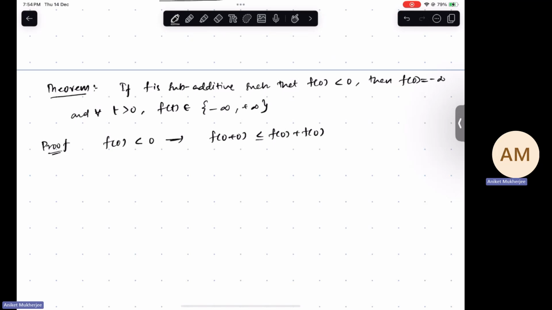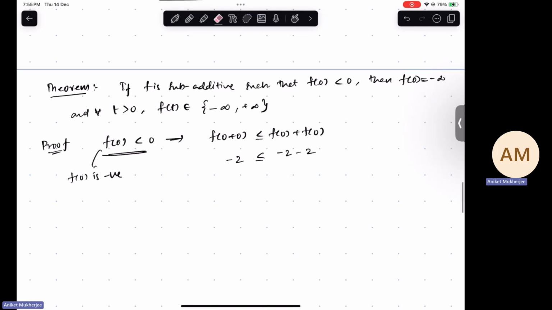Since f0 is negative, any negative number, say minus 2, this will be minus 2 less than or equal to minus 4, which is wrong.